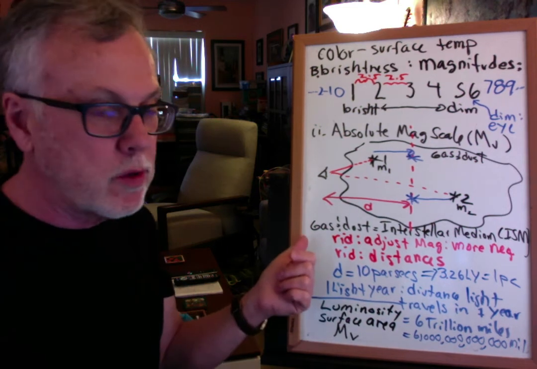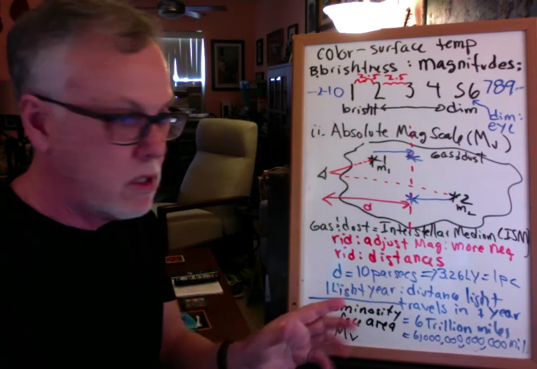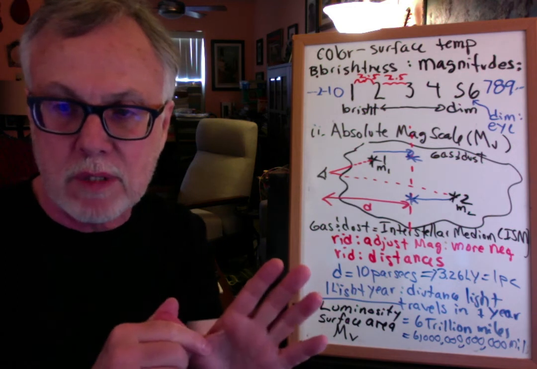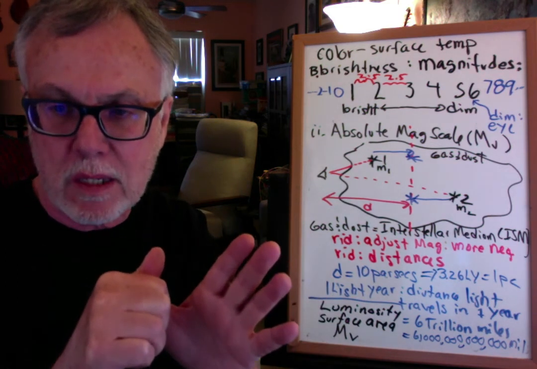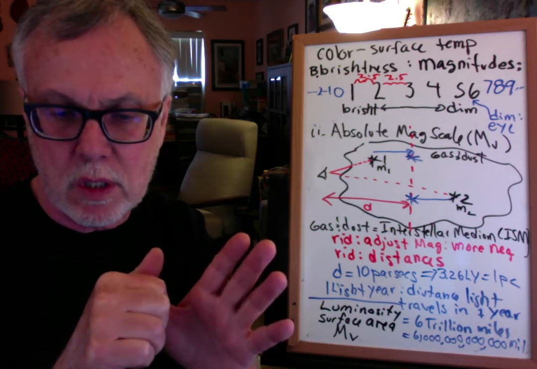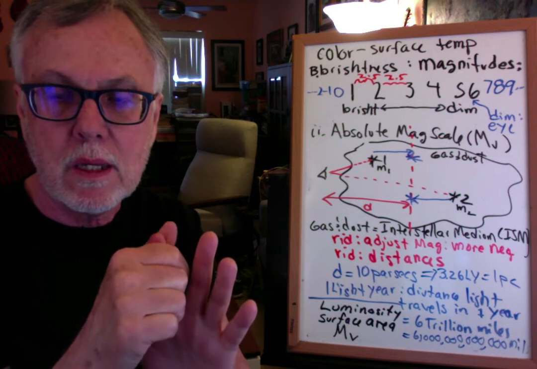If I ask you what affects the brightness within the absolute magnitude scale, it's only two things related to the stars themselves. The absolute magnitude is related to luminosity, how much energy and light it produces, and their surface area.